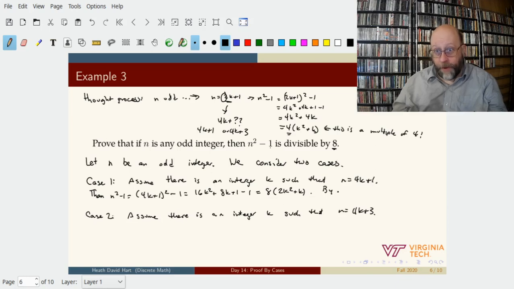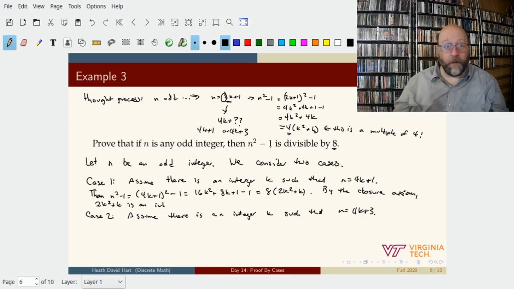By the closure axiom, 2k squared plus k is an integer. And so we have 8 times an integer. So n squared minus 1 is divisible by 8.